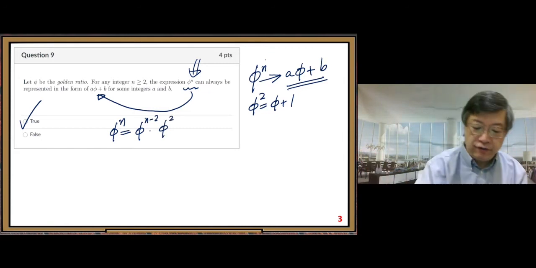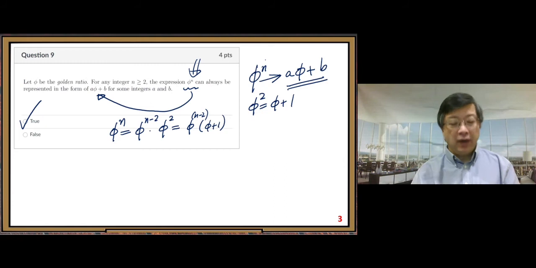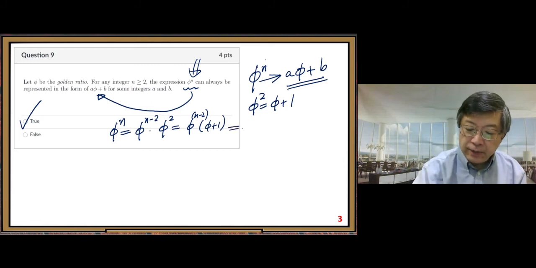You can write in this way. First, phi plus 1. After that, you simplify a little bit.